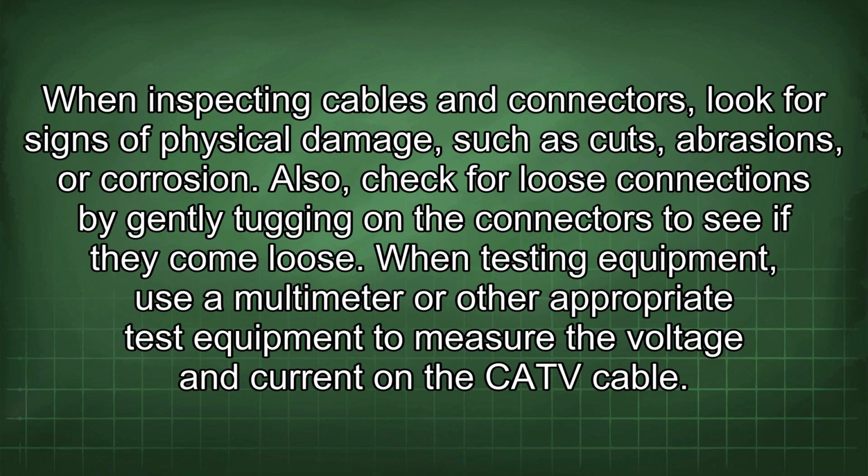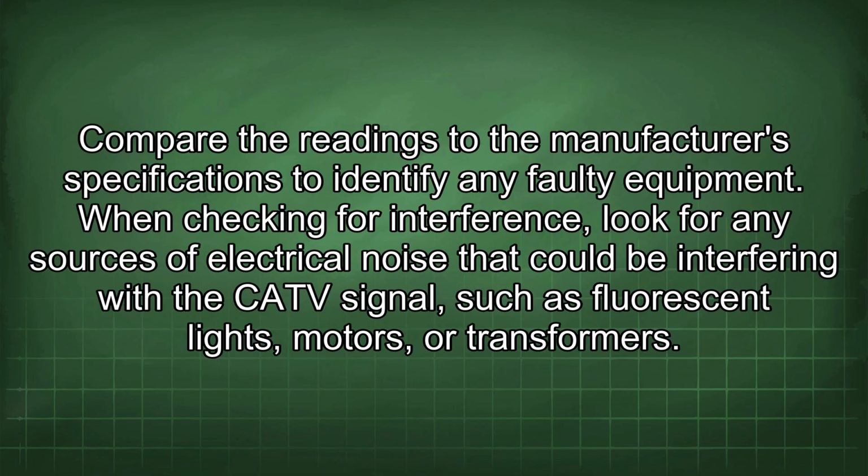When inspecting cables and connectors, look for signs of physical damage, such as cuts, abrasions, or corrosion. Also, check for loose connections by gently tugging on the connectors to see if they come loose. When testing equipment, use a multimeter or other appropriate test equipment to measure the voltage and current on a CATV cable. Compare the readings to the manufacturer's specifications to identify any faulty equipment.